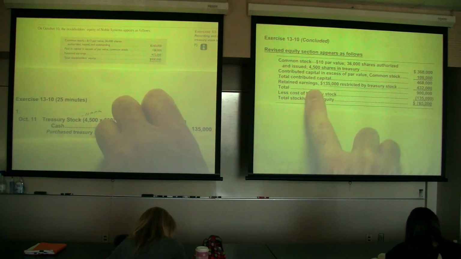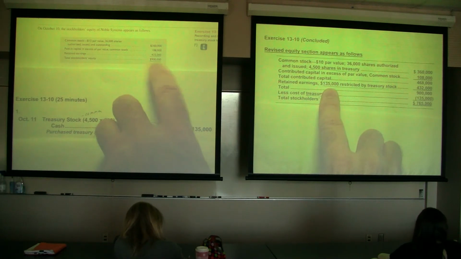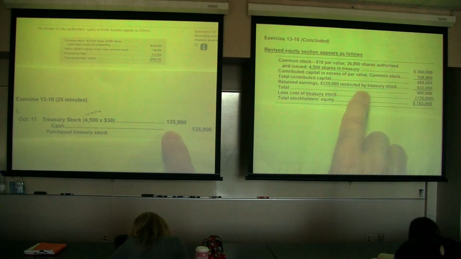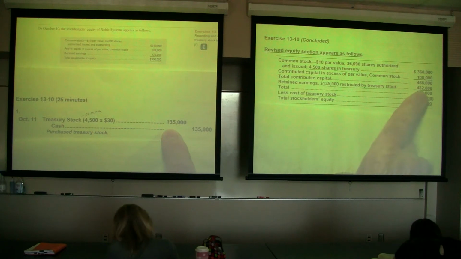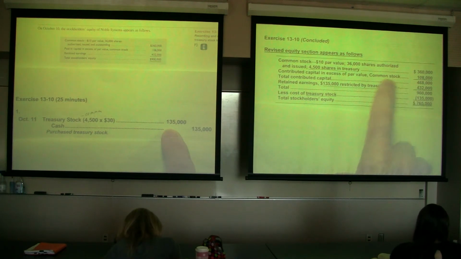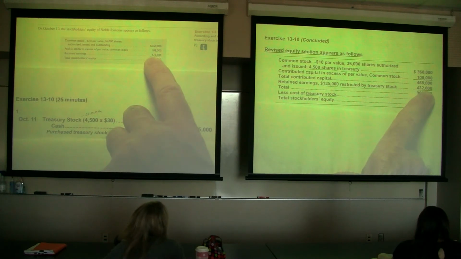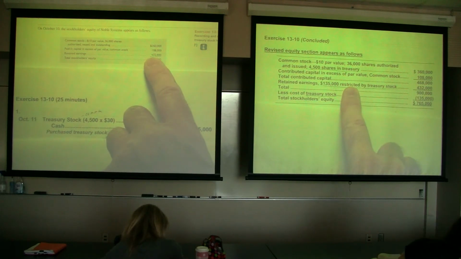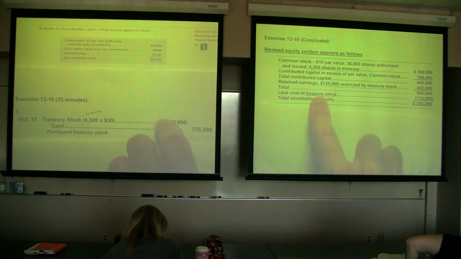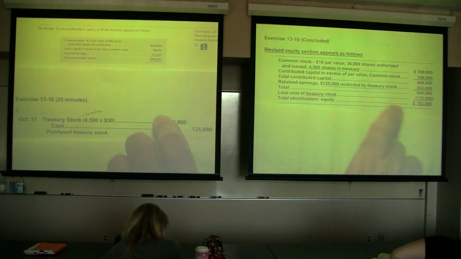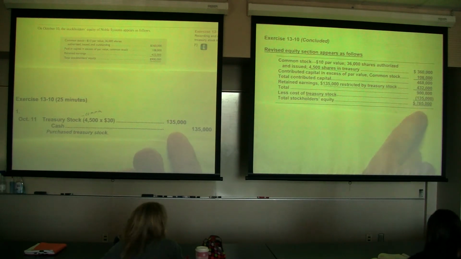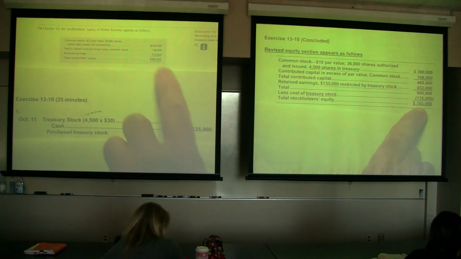Now, retained earnings of 135,000, here's where that number's coming from, restricted by treasury stock, out of the 432,000. So what it boils down to is, the number is unchanged, but it shows that some of that is for treasury stock. And below that, less the cost of the treasury stock of 135, and now your stockholders' equity has decreased by 135.